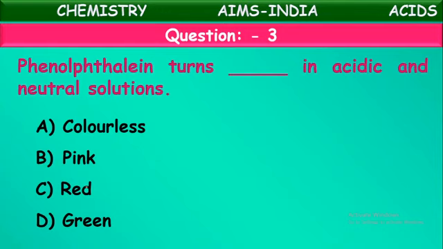It is a colorless solution. So when you add this phenolphthalein to acids, there will be no change in the color. Even with the neutral solutions also, it won't show any change in its color. So phenolphthalein remains colorless in the acidic solutions or neutral solutions. Okay. Next one.